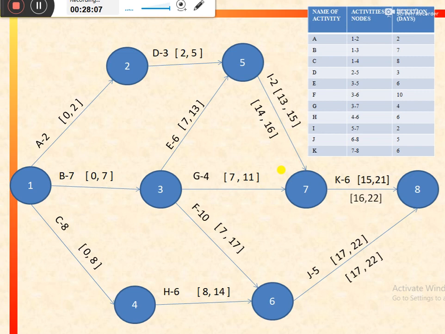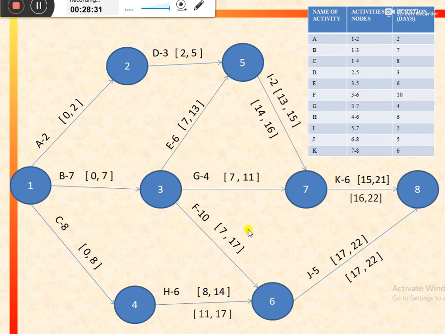Now we would come to activity H. So for activity H, the successor activity is J, and the latest start for activity J is 17. So it would be the latest finish for activity H, that is equal to 17, and latest start would be equal to 17 minus 6, that is the duration of the activity, that would be equal to 11.